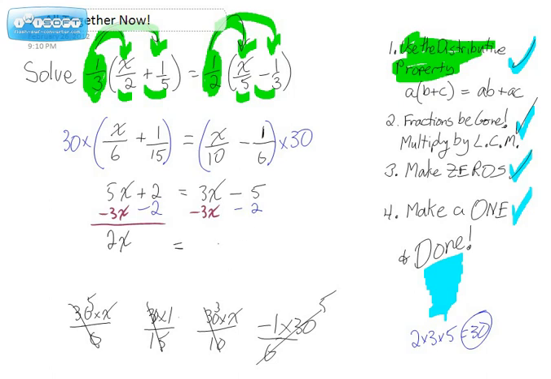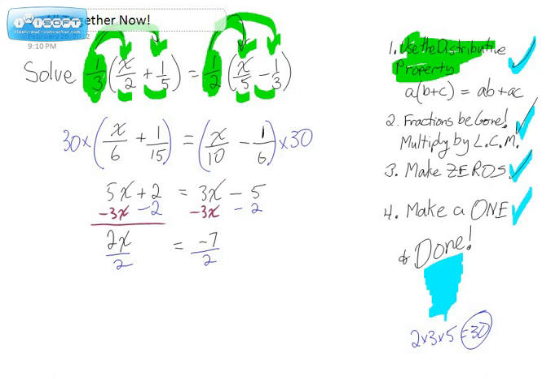Zero, 0, negative 7. X has a coefficient of 2. I will make a 1 by dividing through, and that's going to give me x is equal to negative 7 over 2. And that is a very difficult problem, and we have done it. Good luck.